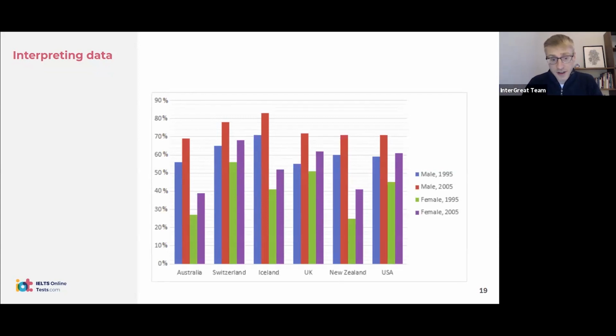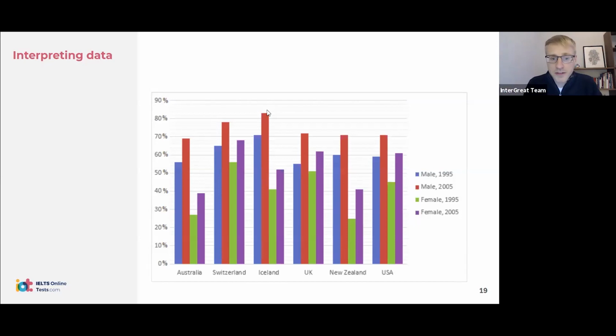You get simple bar charts which tend to talk about amounts, quantities of things, and it's a snapshot of a specific moment in time. However, often in IELTS task 1, they like to make it difficult. So they combine the two types of chart. And this is why we call this a complex chart, because it has features of both the line graph over time, and it has features of the bar chart looking at quantity.